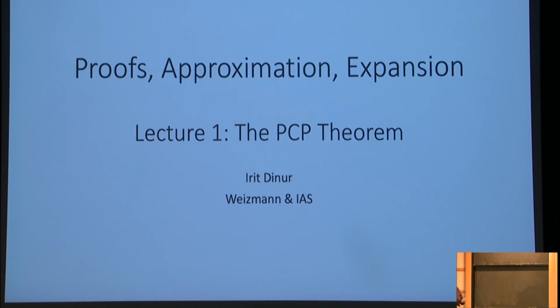Okay, so today I'll talk about just the PCP theorem. This theorem says that proofs have a format that is very easily checked. You can check it by just tossing some random coins and reading just a few bits. And how did this theorem come about? In the 1980s, theoretical computer scientists were interested in cryptography, and the rigorous foundations of cryptography were being laid.